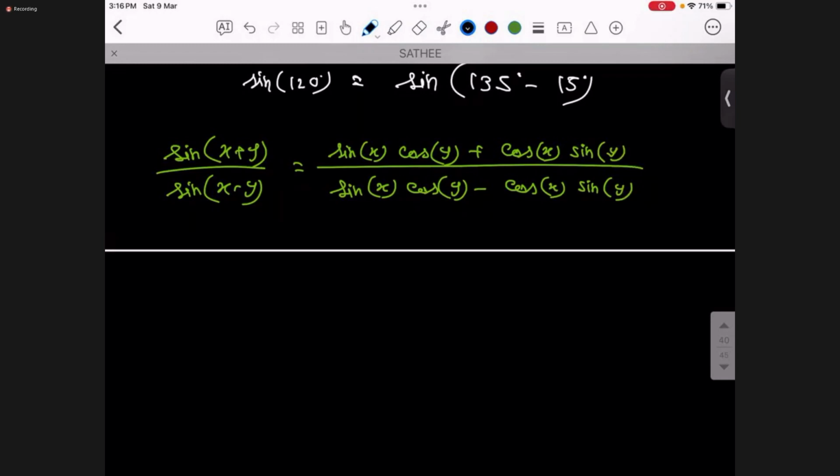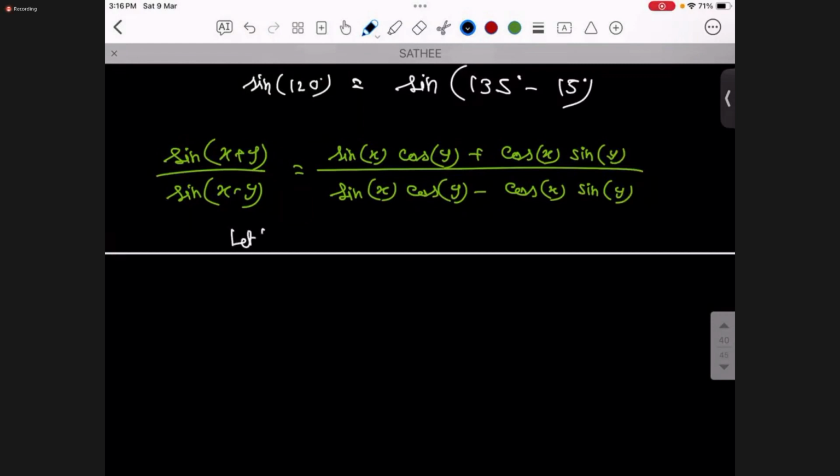Now we have to decide which function to divide by, but at this point we are sure that we need to divide by the cosine function. So let's divide this color.